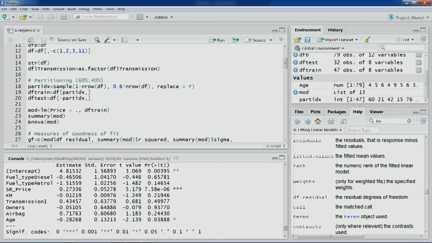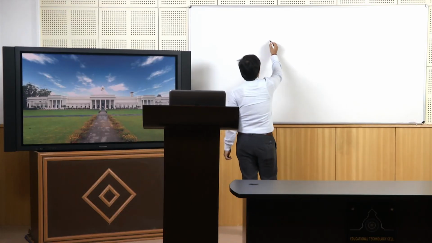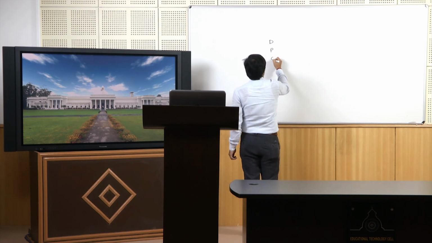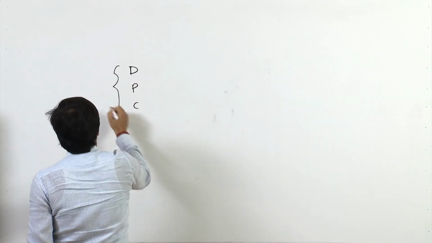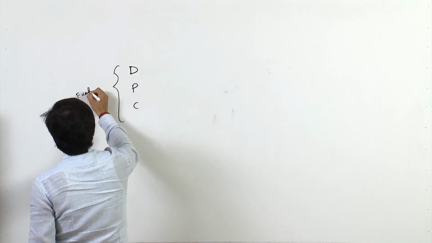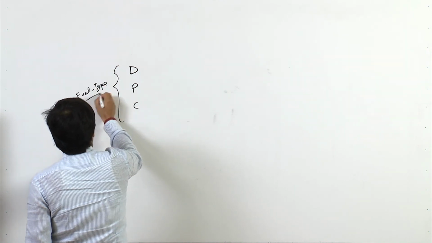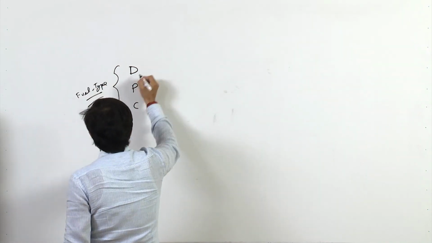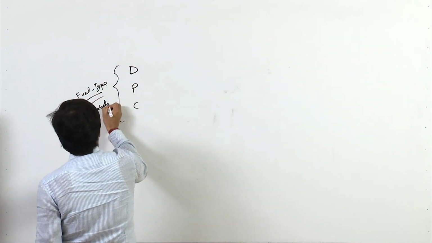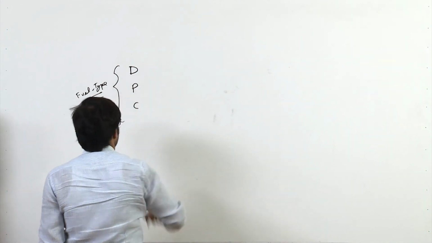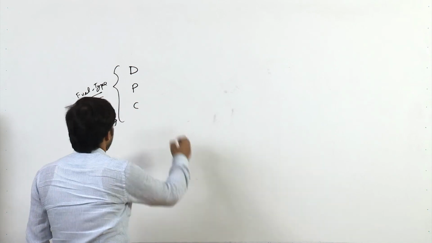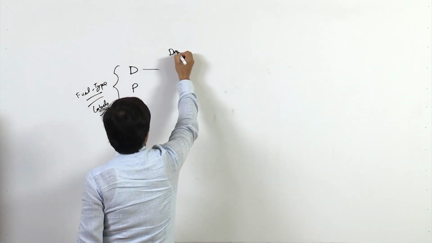So we had these 3 labels for fuel type, and for each of these labels we will have to create dummy variables.